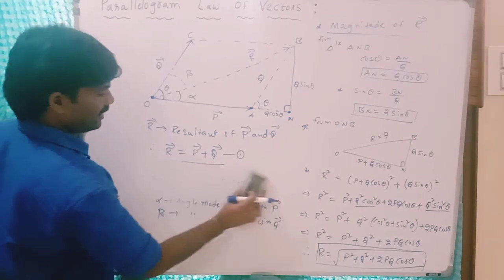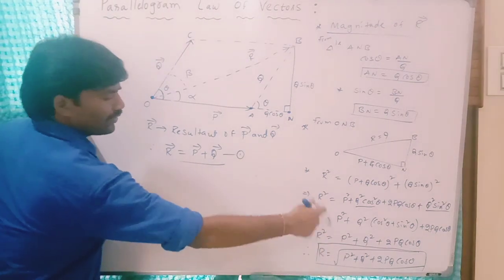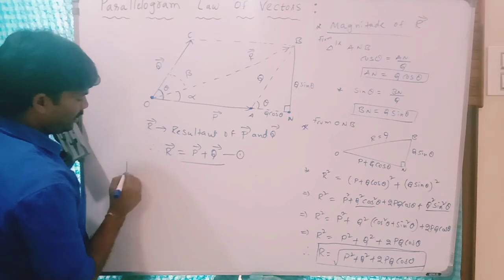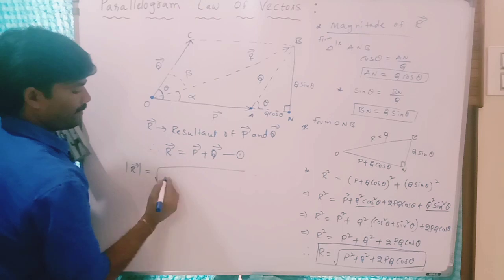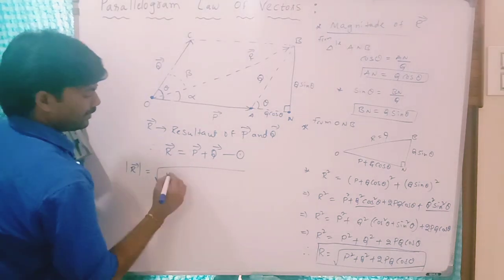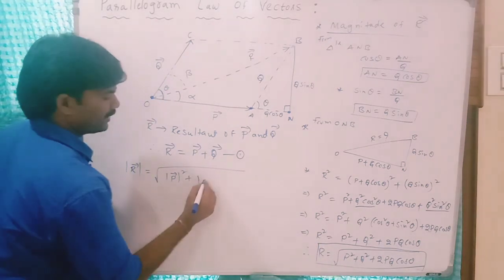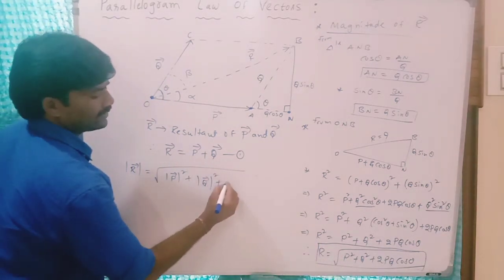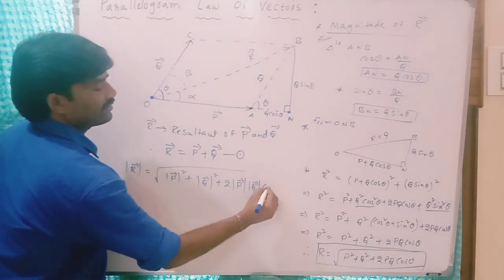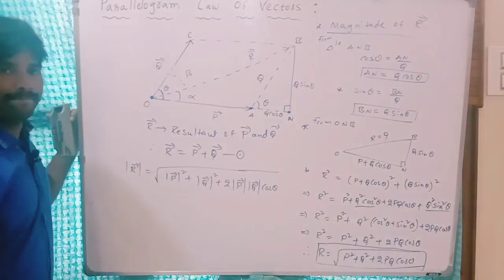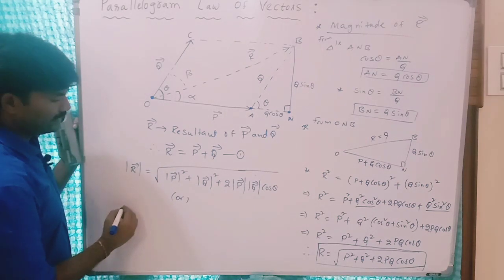Or you can see here from the first equation, what is R here? This R means modulus of R, magnitude of this. Or you can write that R bar is equal to root of mod of P square, magnitude of P, and magnitude of Q square, plus 2 mod of P mod of Q cos theta. Or you can write the same in different forms, the magnitude of resultant of two vectors.